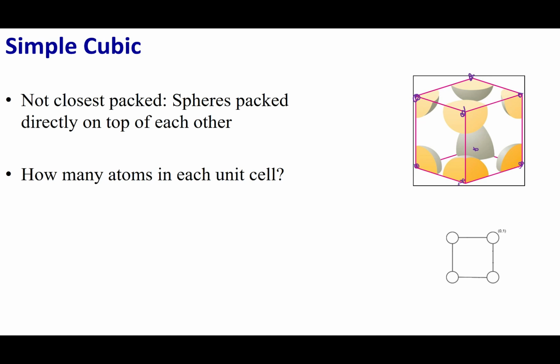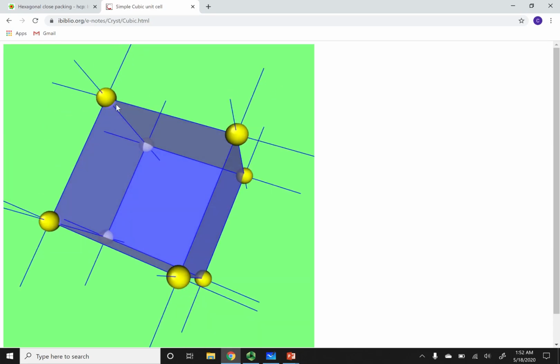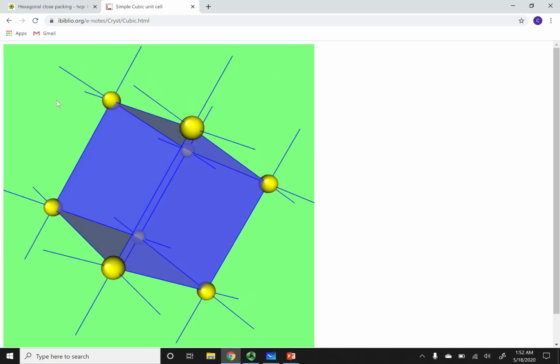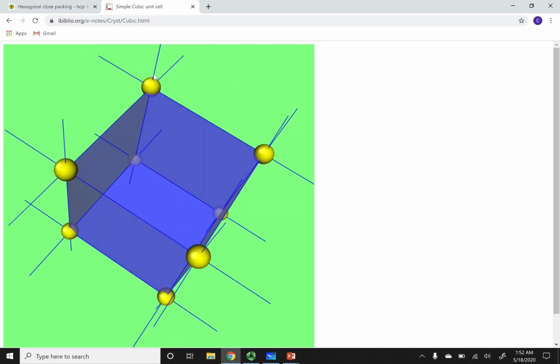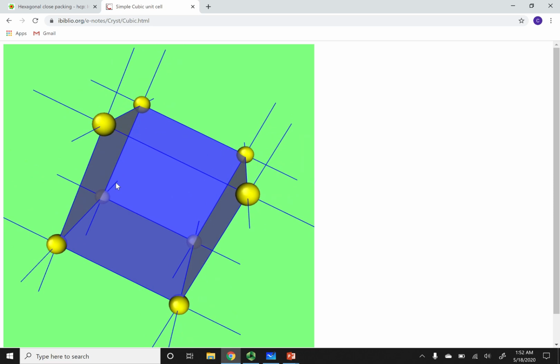Now, there is no atom in the center of this one, and so if you go ahead and try to count how many atoms are in this unit cell, what you guys should get is that there is only 1 atom in this unit cell. And so here you guys go. Here's the 3D model. Make sure that you go ahead and take a look at that fractional coordinate diagram and see if you can make sense of it.